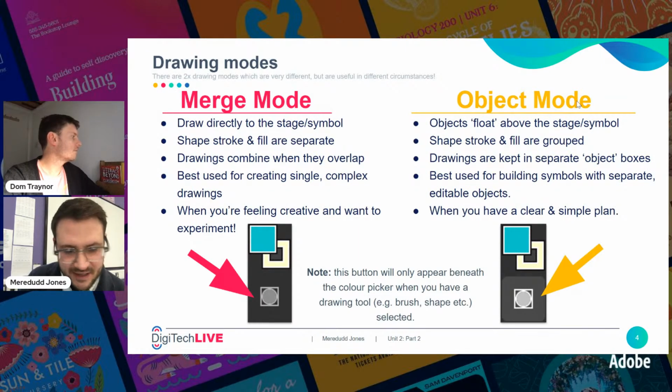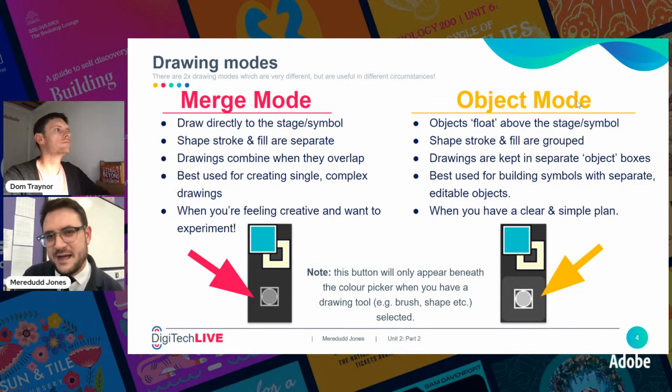When it's on, it kind of gives you a light grey frame around the button. Yeah. Considering the effect that little button has, I wish it was kind of big and shiny, but there we are. Okay, and to note as well, if you're looking for it right now and you can't see it, that button doesn't appear unless you've got a drawing tool selected.